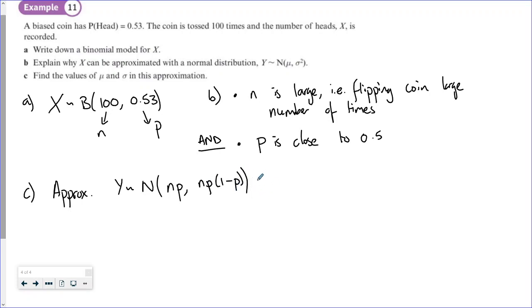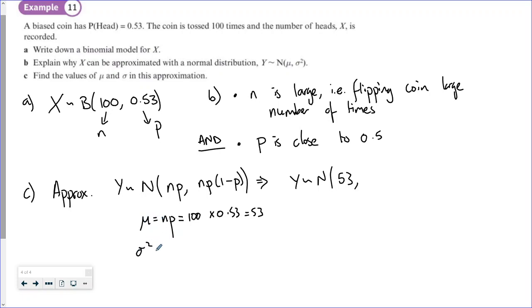So let's write down what that is in this case. np is 0.53 times 100, which is 53. And that's mu.